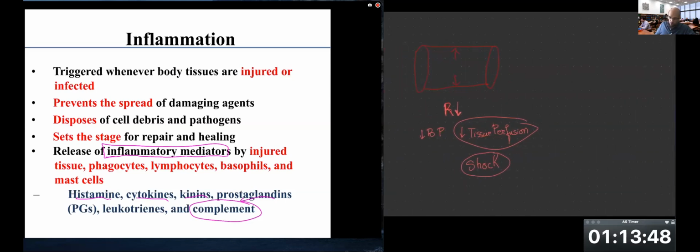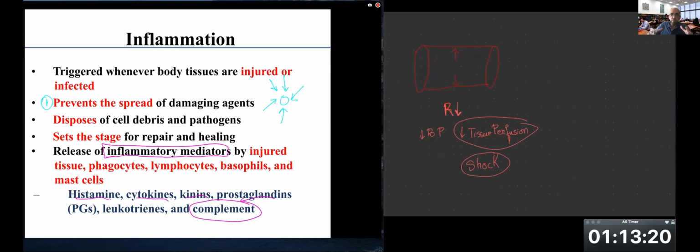Why is it good? If you remember, the first things that we mentioned, why inflammation is good. Remember, it's preventing the spread of the infection. I am surrounding the pathogen from everywhere, so it doesn't have anywhere to escape.